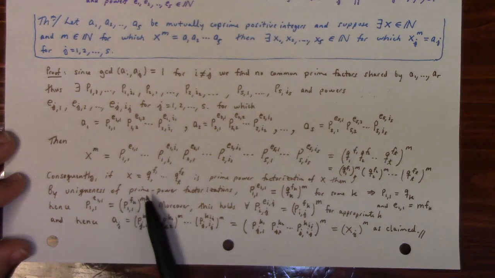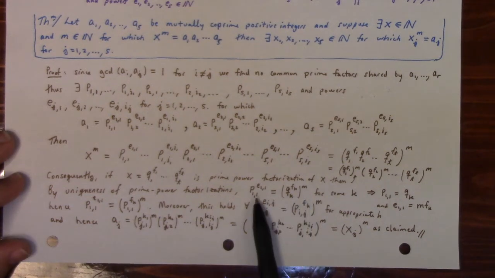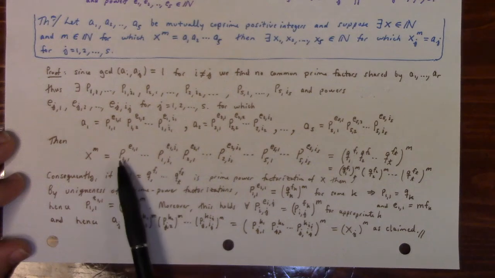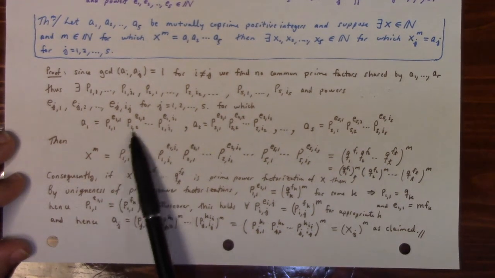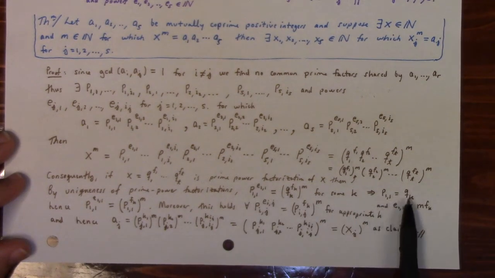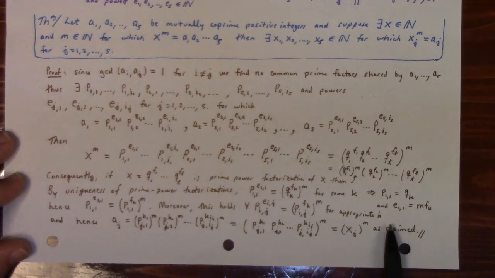But then by uniqueness of prime power factorizations, it must be that q_k to the f_k m has to be equal to p_11 to the e_11 for some choice of k. There has to be some k in here which matches the first one, right? And so that tells me that p_11 is equal to q_k and e_11 is equal to m f_k.